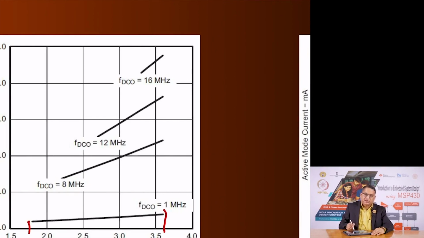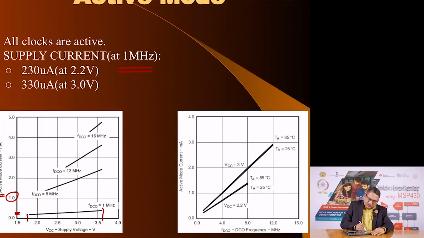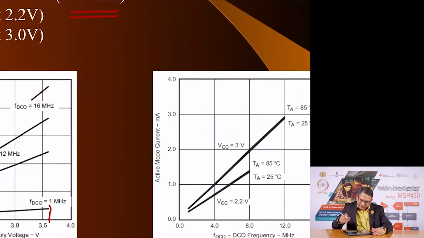When the DCO is working at approximately 1 megahertz, the amount of current is roughly 300 microamperes at 2.2 volts supply voltage. You can go from 230 microamperes to about 330 microamperes at 3 volts. And if the temperature changes, there is an impact on the DCO frequency, and then the current consumption also changes.